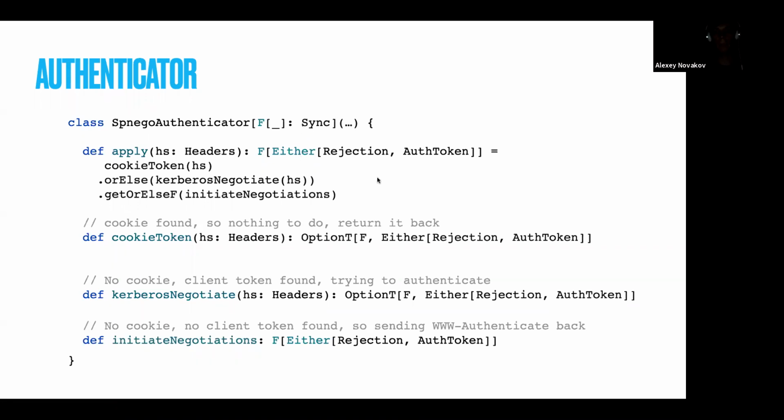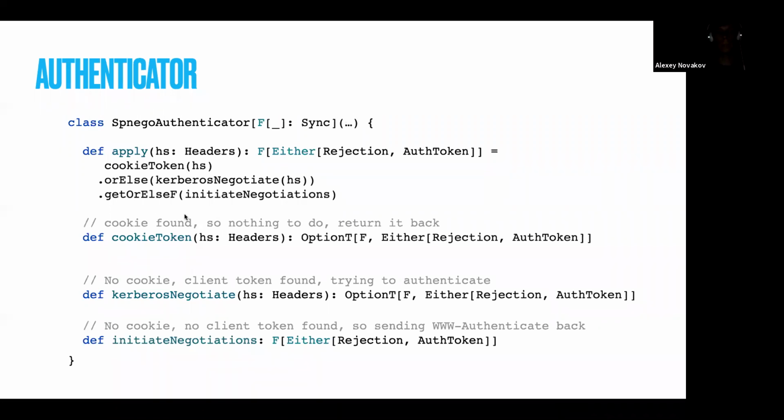So the result will be either successful, with auth token, the principal name and expiration of the session, or rejection. And rejection is some ADT, some enum that has specific reasons for a rejection. Like there is some wrong header sent by the user, or the user is not allowed to authenticate, or there is some bug on the server, a final error.